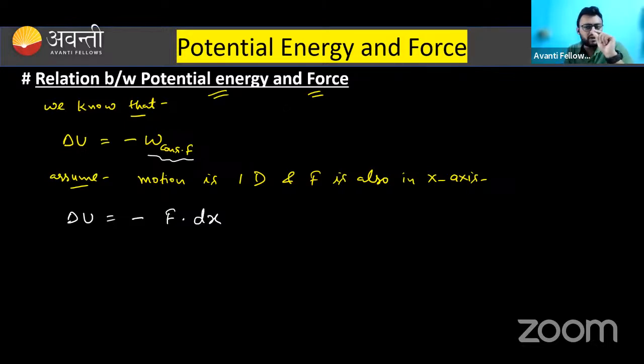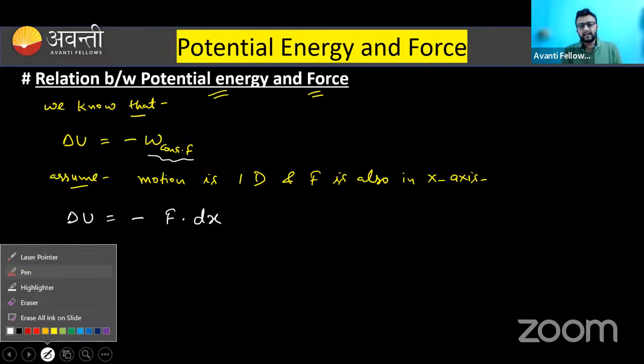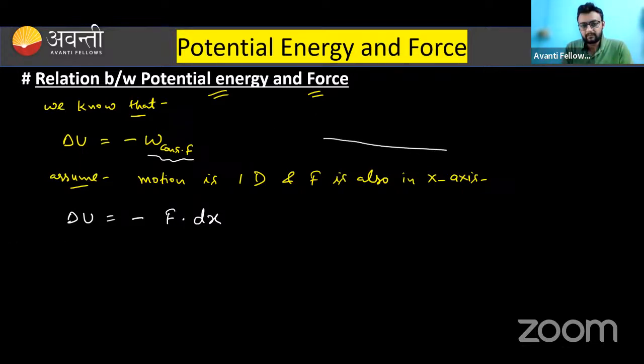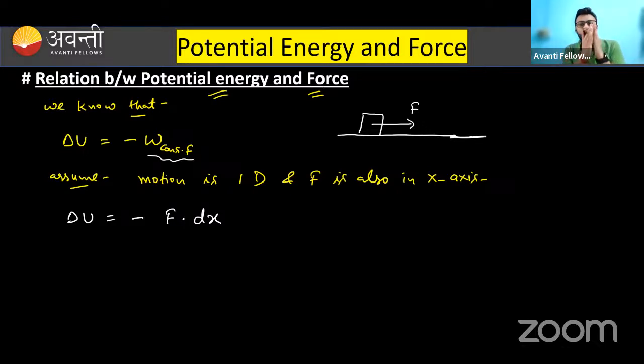If we consider a small displacement dx, then the change in potential energy will also be small. What I am saying is that a body is placed on the x-axis and is moving in this direction in the presence of a force. So during this very small displacement dx, the change in potential energy will also be small.